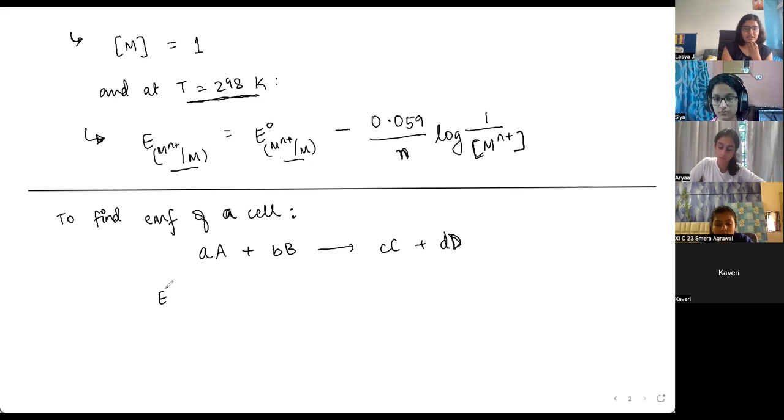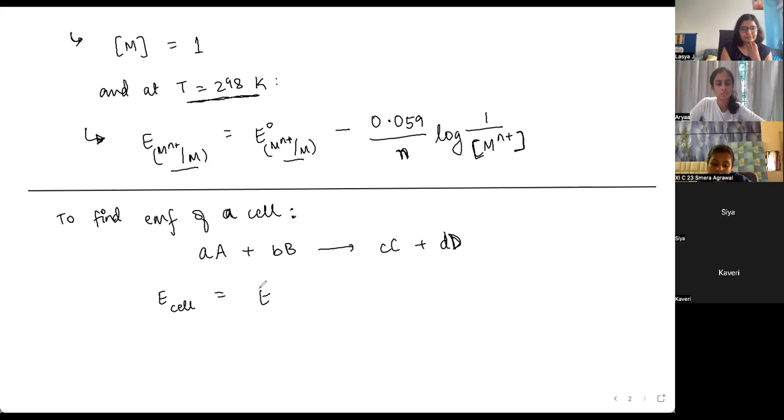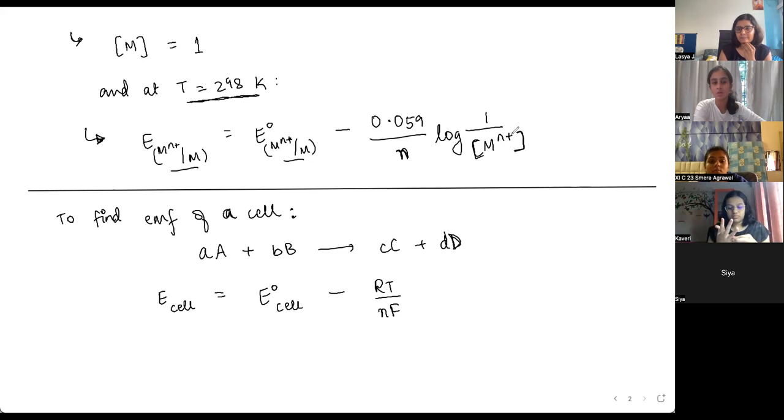Then the E cell will be equal to the E naught of that particular cell minus... what is that? N plus? N stands for the number of electrons. Yeah, N is 2.